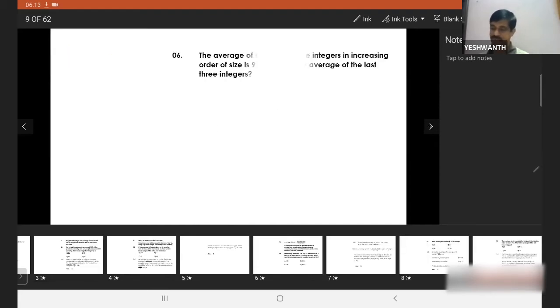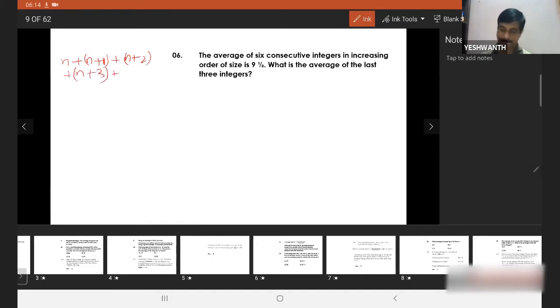Let's go to the next question. Now look at this. The average of 6 consecutive integers in increasing order of size is 9 1 by 2. What is the average of last 3 integers? See, you'll get 6 consecutive integers, he said. 6 consecutive integers means what? n, n plus 1, n plus 2, n plus 3, n plus 4, and n plus 5.